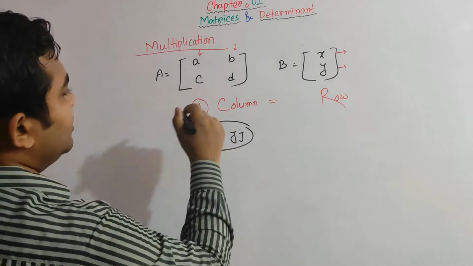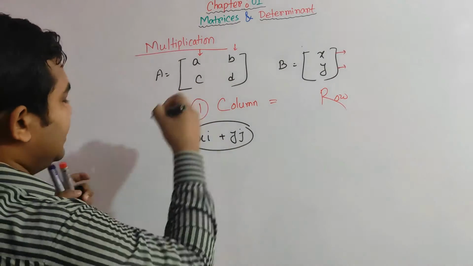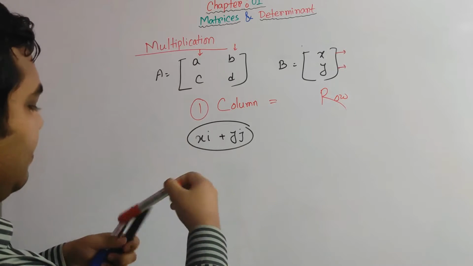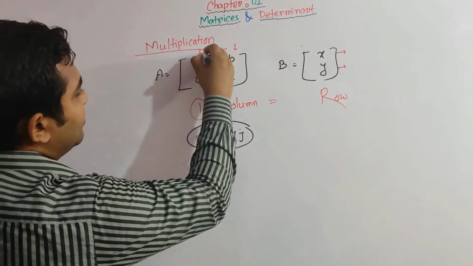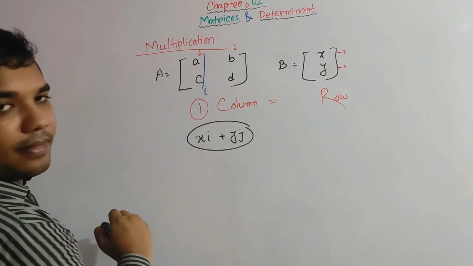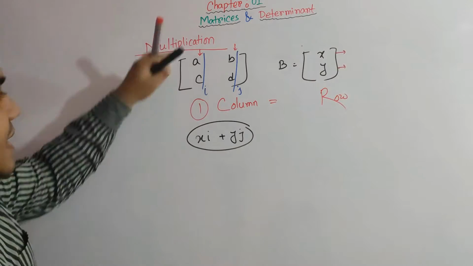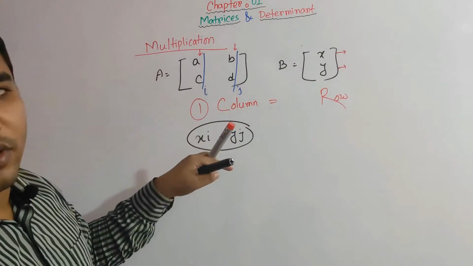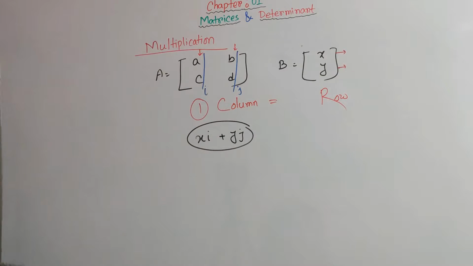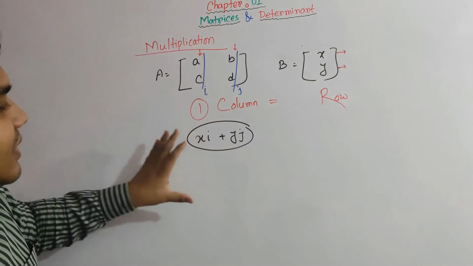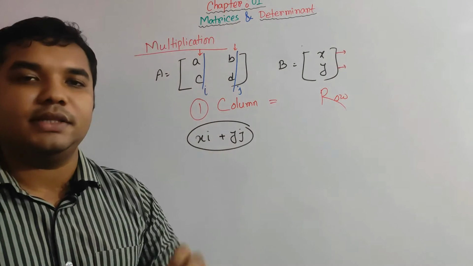Look at the board. When we are going for the multiplication, this is the i column, and this is the j column, and this is the x and y. If we use this formula here, then we get the multiplication in a very easy way.